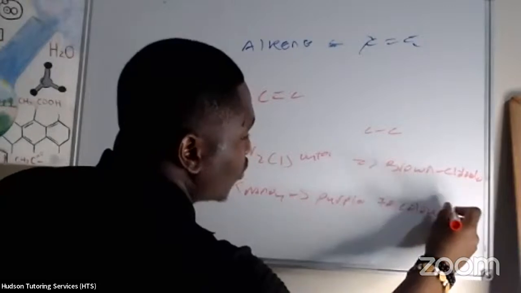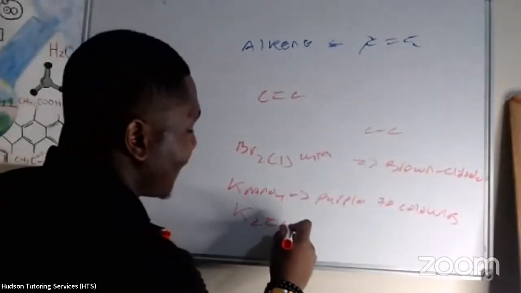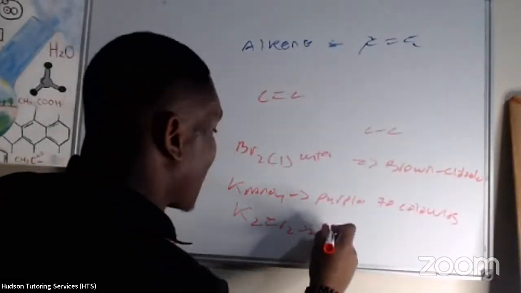And if you use potassium dichromate, it's going to move from orange to green. So that is your test. You can use an oxidant to test for it. All right, hope everybody is getting that.